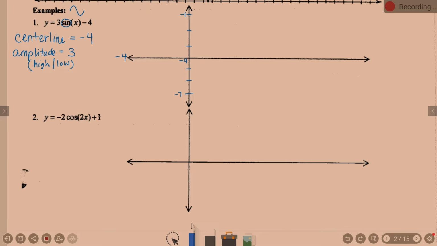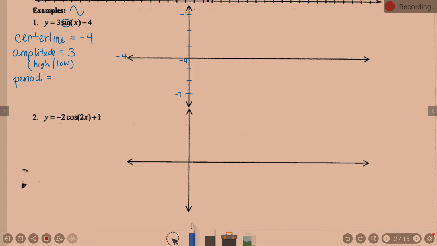Let's see. Center line, amplitude. We need to talk about the period. What about my period? So it'd be 2 pi over b. So 2 pi over 1, so 2 pi. Yes, 2 pi divided by b. Where's b supposed to be?